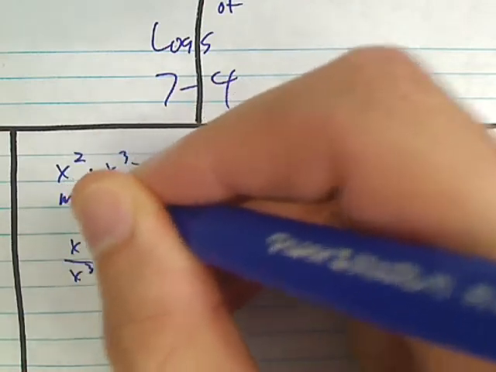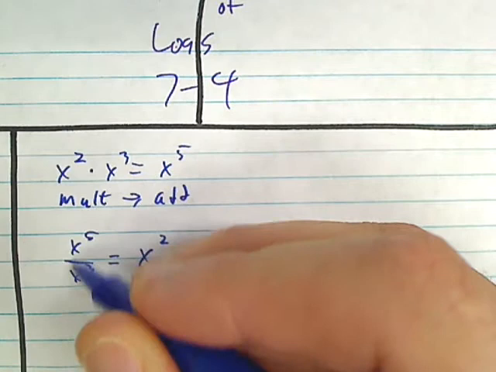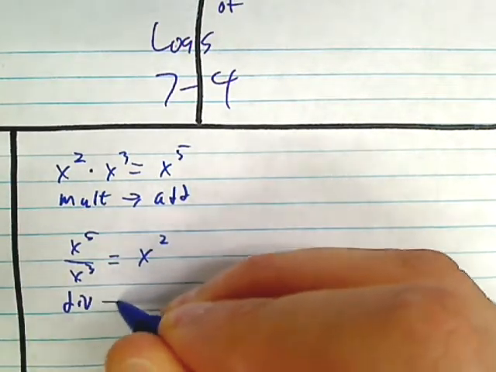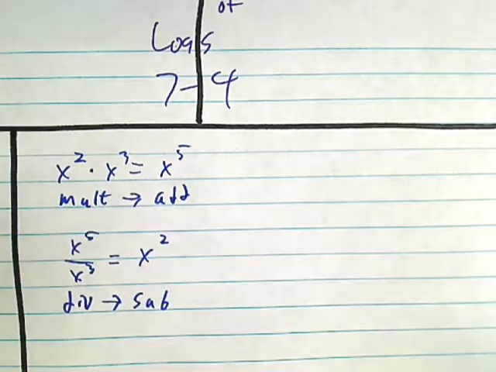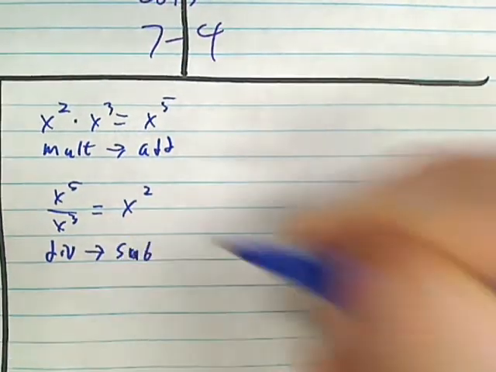Dividing the bases became subtraction: 5 minus 3 gave me 2. Those are a couple of rules that you had before. What we're going to do is invert these.